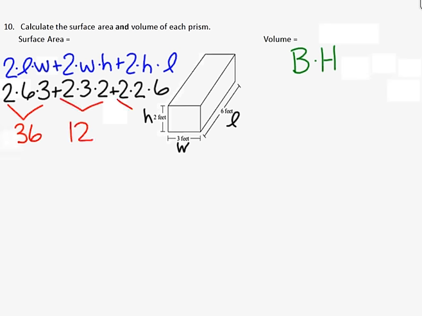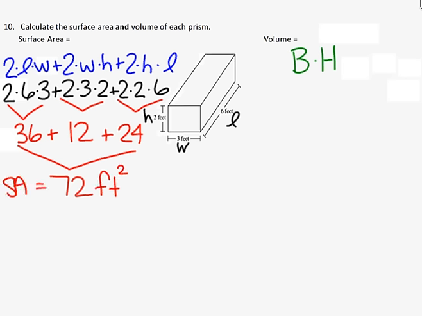And 2 times 2 times 6 is 24. And then we can add all of those together to get 72. Super important that you pay attention to your units. This is area. And so we're going to have feet squared.